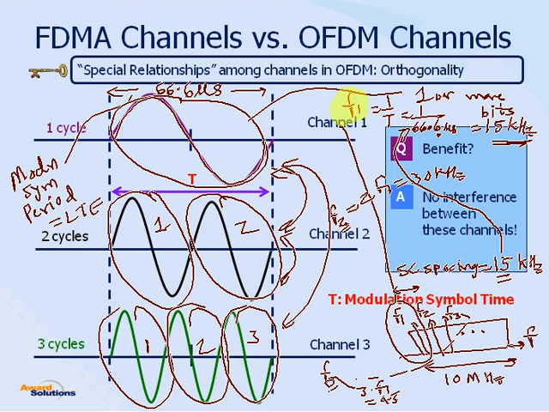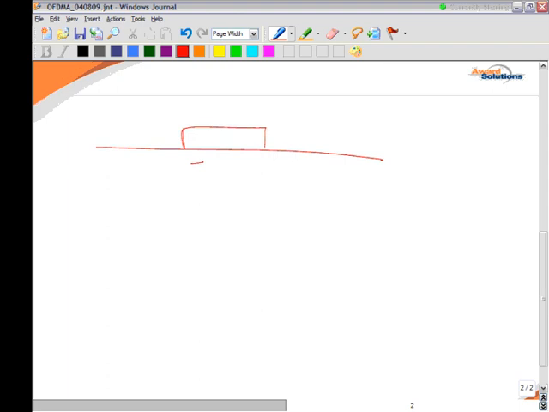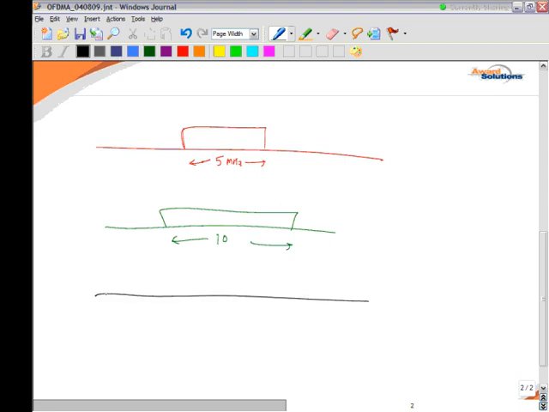And the byproduct of such information is that if I have, let's say, a narrow spectrum, let me pick some number, let's say 5 megahertz spectrum, or I may have 10. Some operator may have 20 megahertz spectrum.